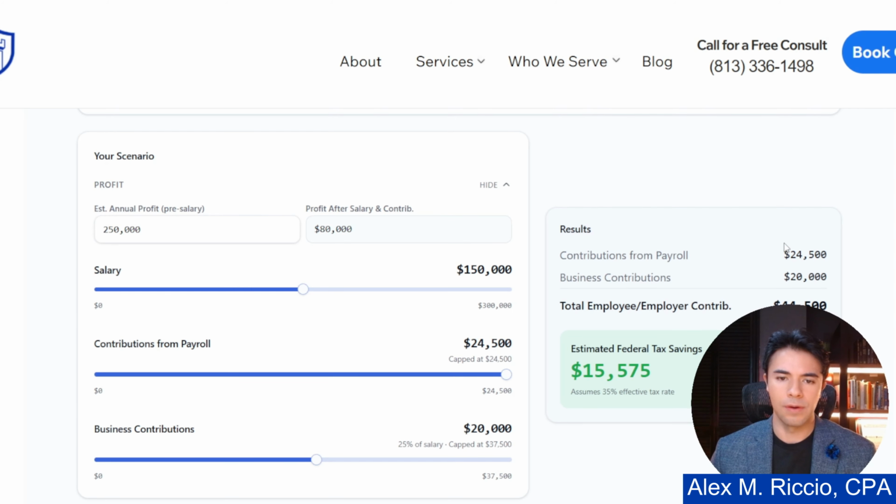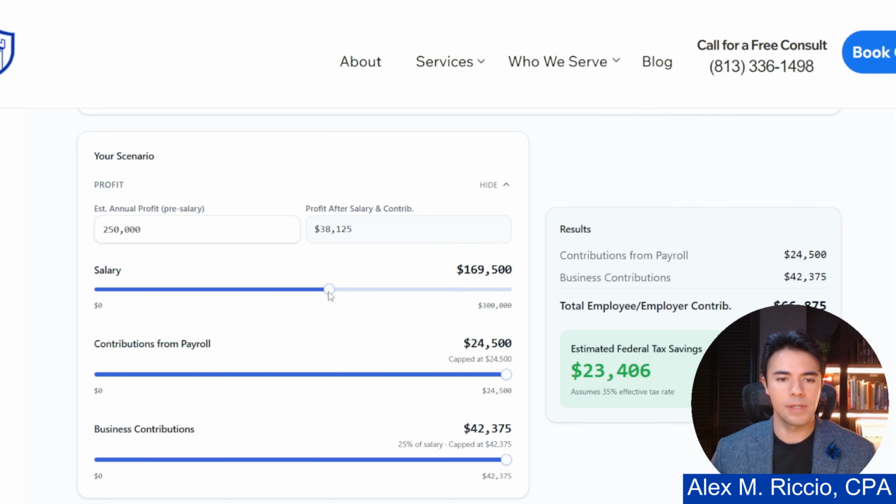What this result is doing is taking the payroll contributions and the business contributions. I have a total of 44,500, and assuming a 35% effective tax rate, we're getting estimated federal tax savings of 15,575. So this is a great tool to play around with your contributions, both on the payroll side and the business side, as well as with that salary and how it impacts your limits.